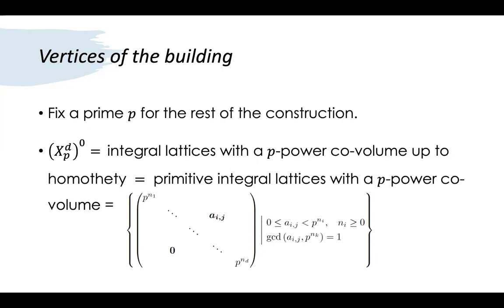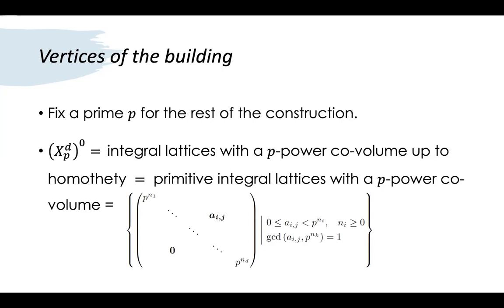As I said before, for any homothetic class, we can choose the smallest representative inside this set. And then we think of the points as primitive integral lattices with a p-power covolume.